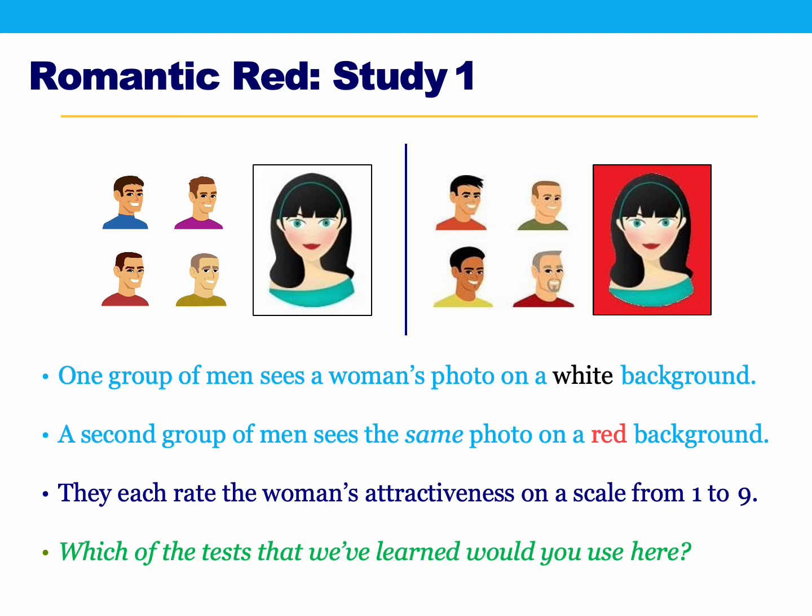And the dependent variable was perceived attractiveness on an interval scale. So considering all of the parameters of that study, which test would we conduct to analyze our results? Just think about that for a moment.